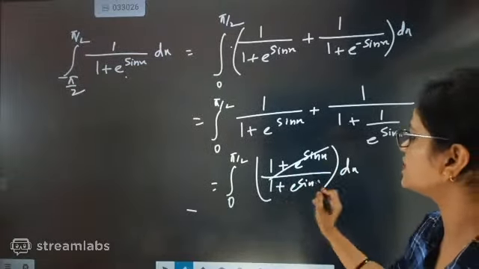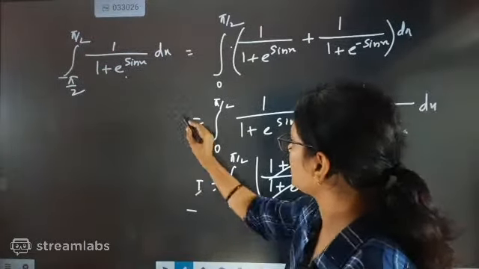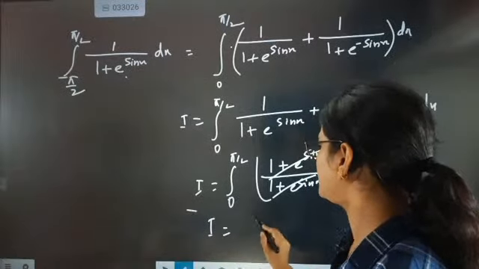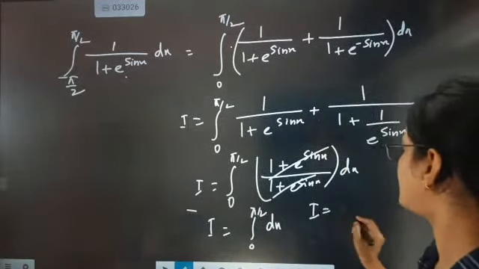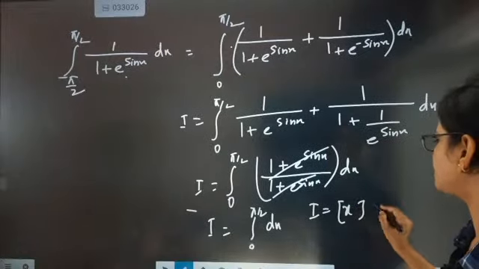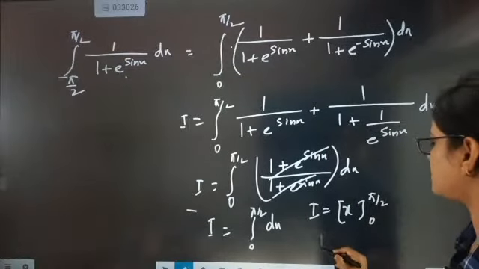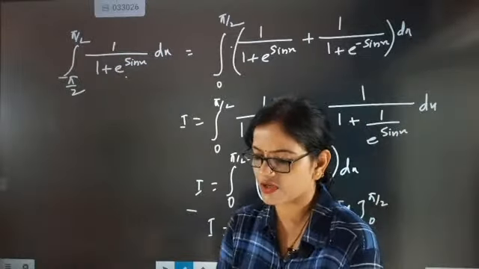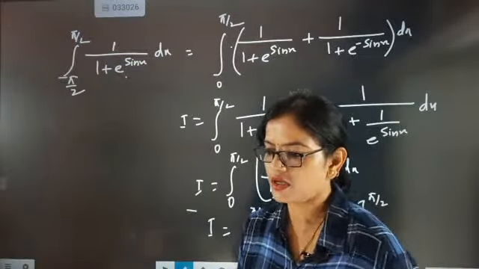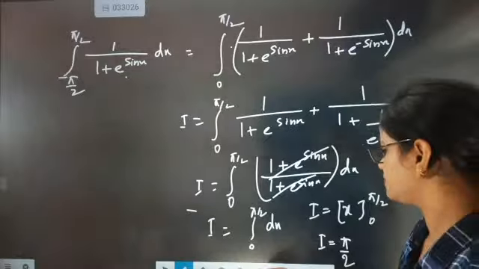So this and this get cancelled. So I will be equal to the integral from 0 to pi by 2 of dx, which is x from 0 to pi by 2. So I will be coming as pi by 2 as the answer.